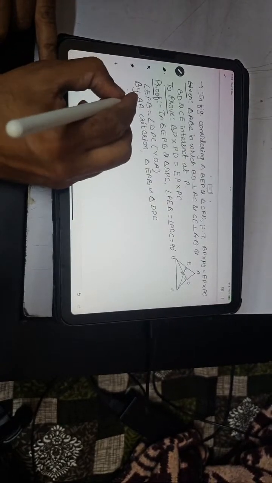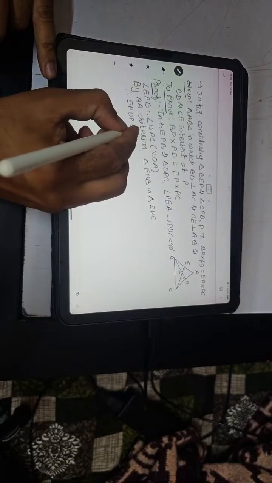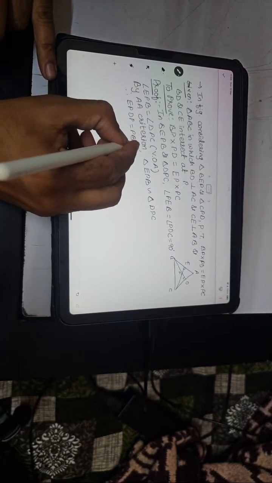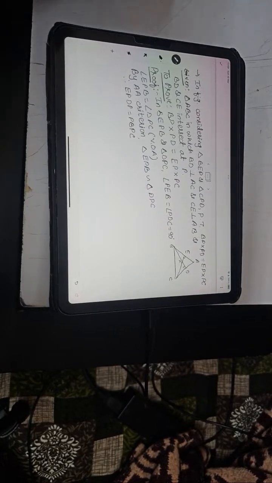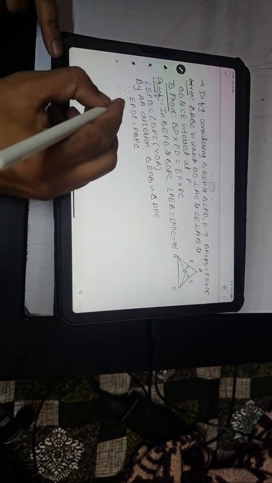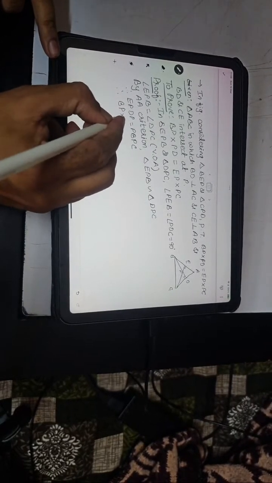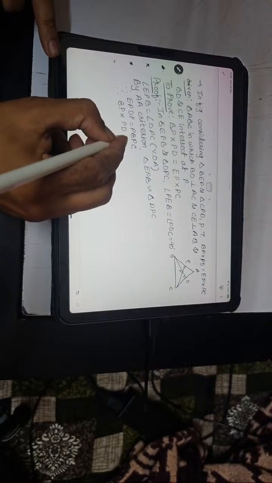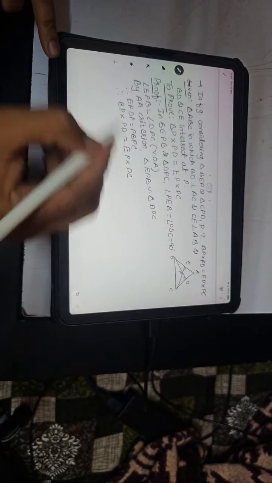So therefore EP/DP equal to PB/PC. So therefore if I cross multiply, BP into PD will be equal to EP into PC.